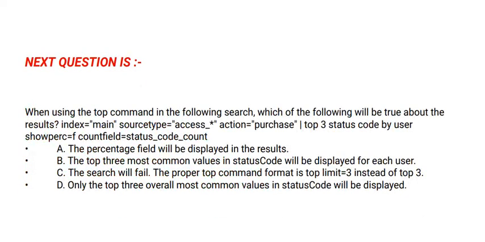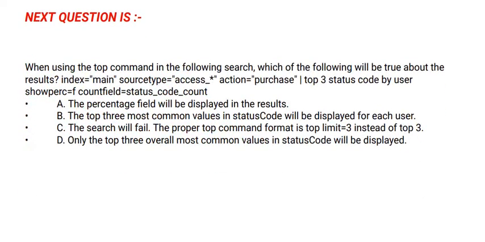Next question is, when using the top command in the following search, which of the following will be true about results? index=main sourcetype=access_*, action=purchase | top 3 statuscode by user, showperc=F, countfield=statuscode_count. Option A, the percentage field will be displayed in the results.